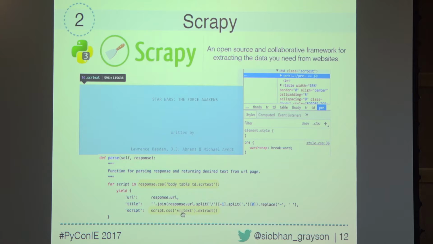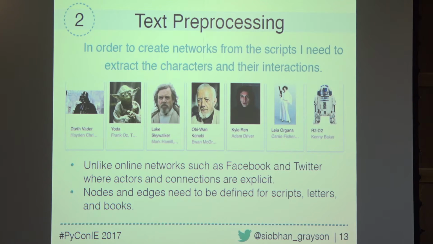And then the script itself: the little asterisk there just means get all of the text between the td.scr text tags. The reason for this is that if you don't have the asterisk there, it won't take bold text or slightly spanned text or different text in that way, so it just takes everything for you in an extract. That's it. It stores in a JSON format and you have your data relatively easily.